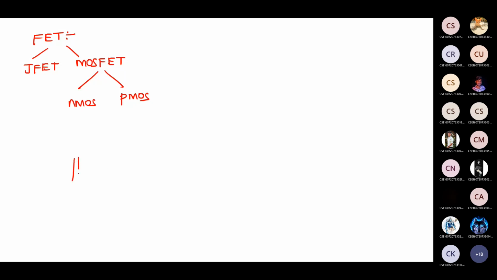So NMOS will be like this. What are the terminals here? Not positive and negative. If it is a bipolar junction transistor, you will find 3 terminals: emitter, base, collector.